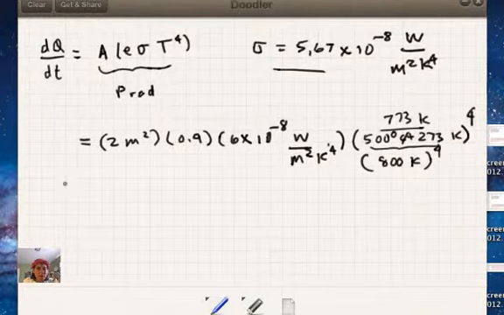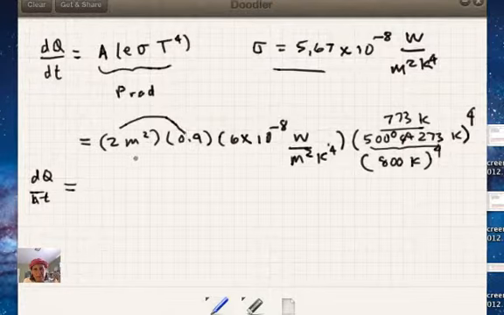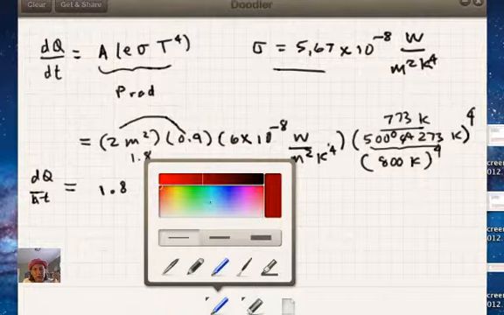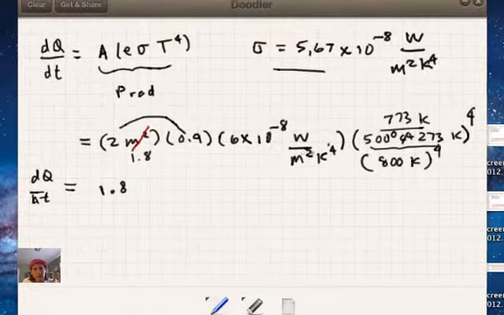Okay, so now I'm going to reduce this whole thing. So we've got dQ/dt, the rate of power radiated, equal to 2 times 0.9, that's 1.8. I'm going to call that 2. Well, all right, I'll write down 1.8 meters squared. Meters squared cancels, Kelvin to the fourth cancels.